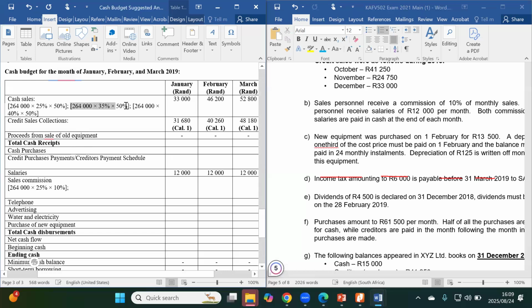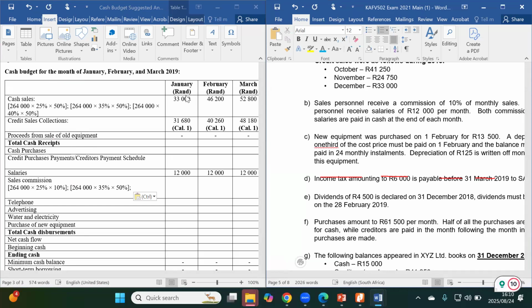And then for February, we're no longer including the 50%, because remember, it's for the monthly sales, so it will be for the total, not for the cash sales. Either you do it the way I'm showing it now, or you simply work with the 33,000 times two to give you the total amount of sales.